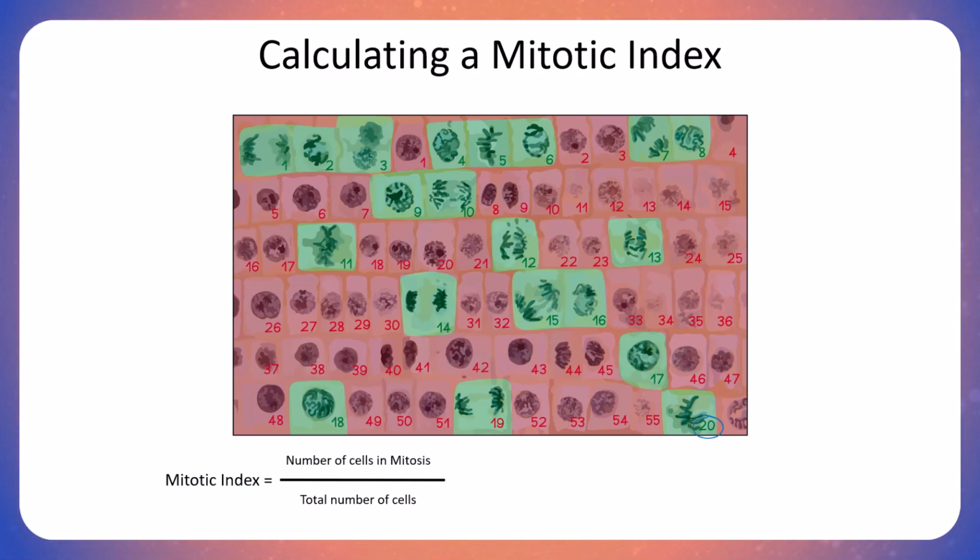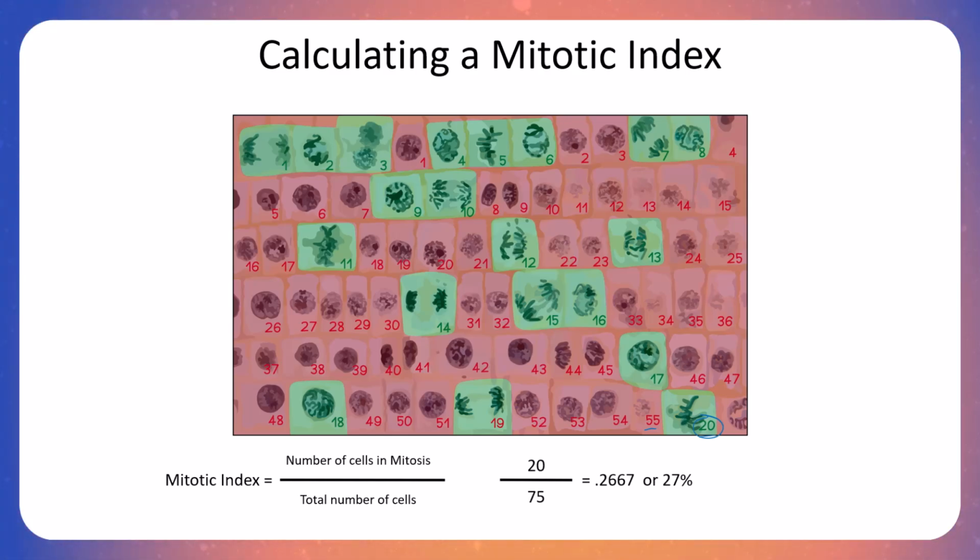And so if we add 55 to 20, that gives us 20 cells in mitosis over a total of 75 cells that we counted on this slide. If we divide 20 by 75, that gives us 0.2667, and if we round, that rounds to roughly 27%. 27% of these cells are in mitosis.